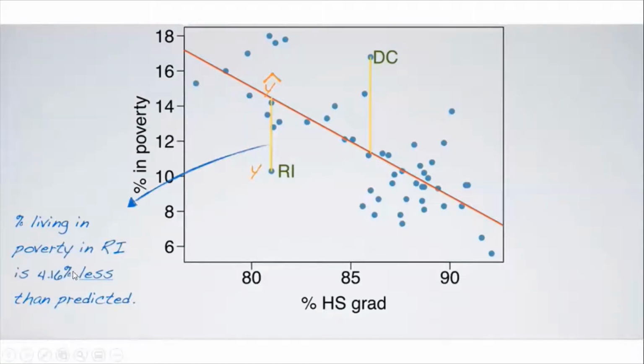So we will say that it is around 4.16% less than predicted. So the actual value is less than the predicted value, or you can say that the predicted value is greater than the actual value.